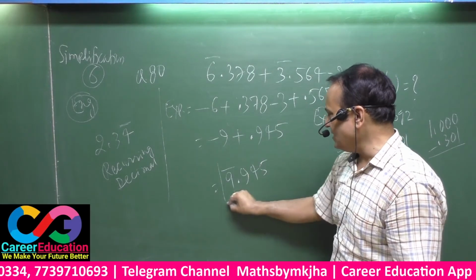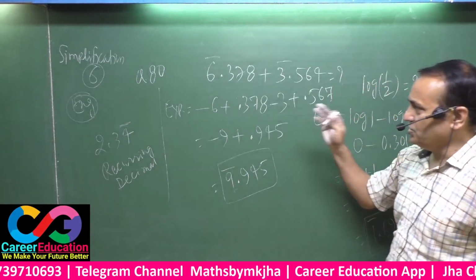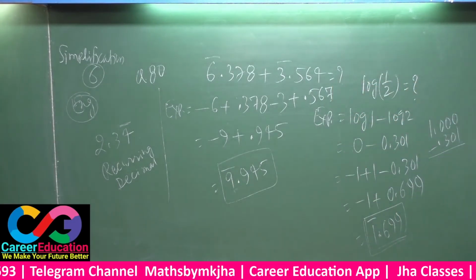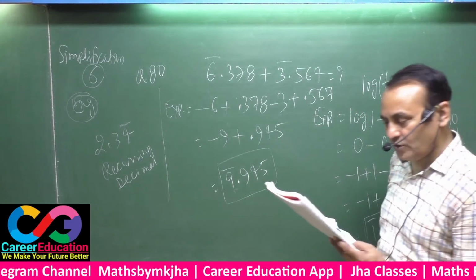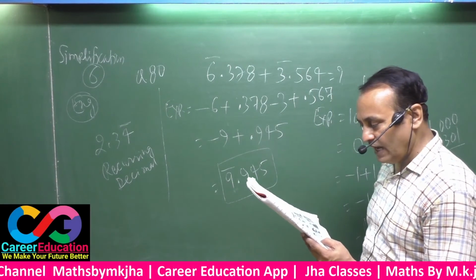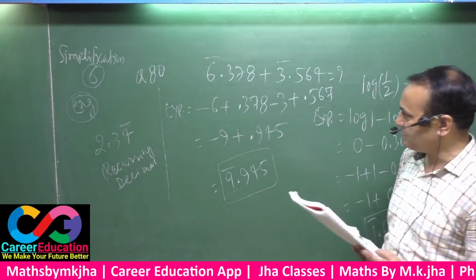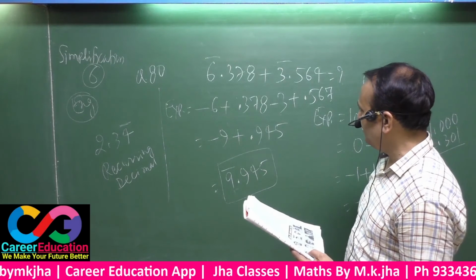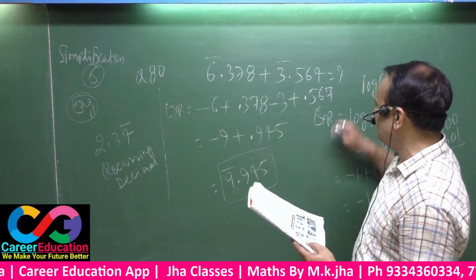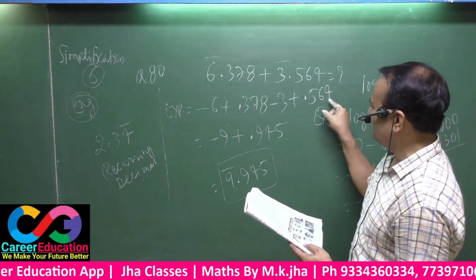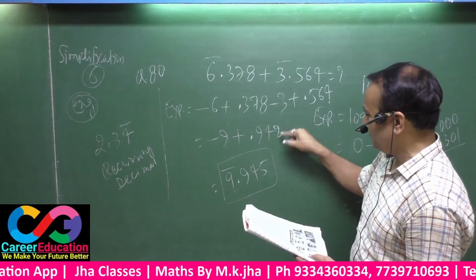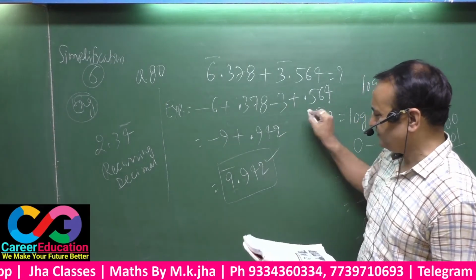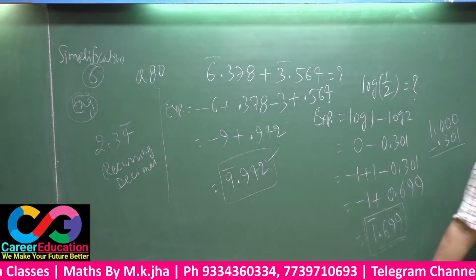That means the answer of this question is only this. This is important for SSC and railway, both. 9 bar 0.942 perhaps. Let me see. This is 4 actually. That's why 4 plus 8, 2. Okay. Note down. This is your final answer.